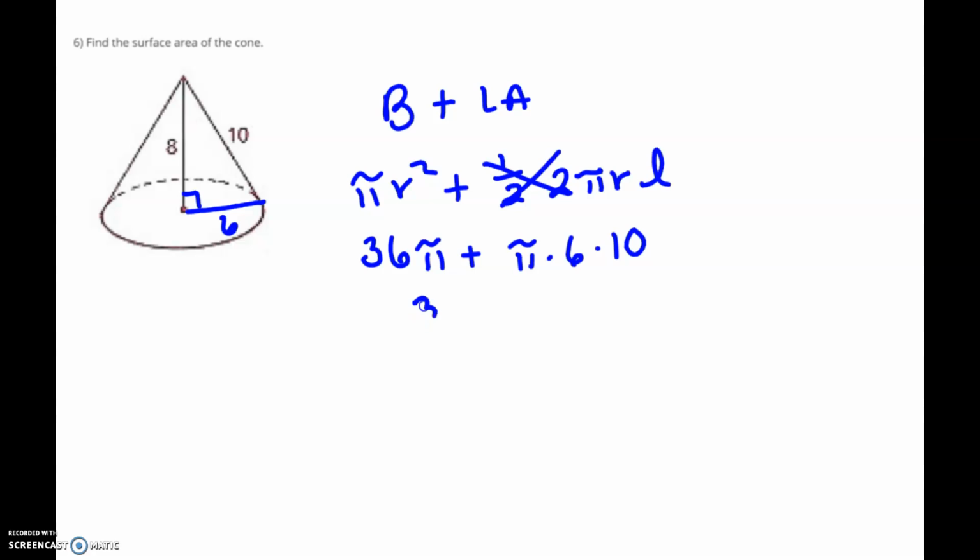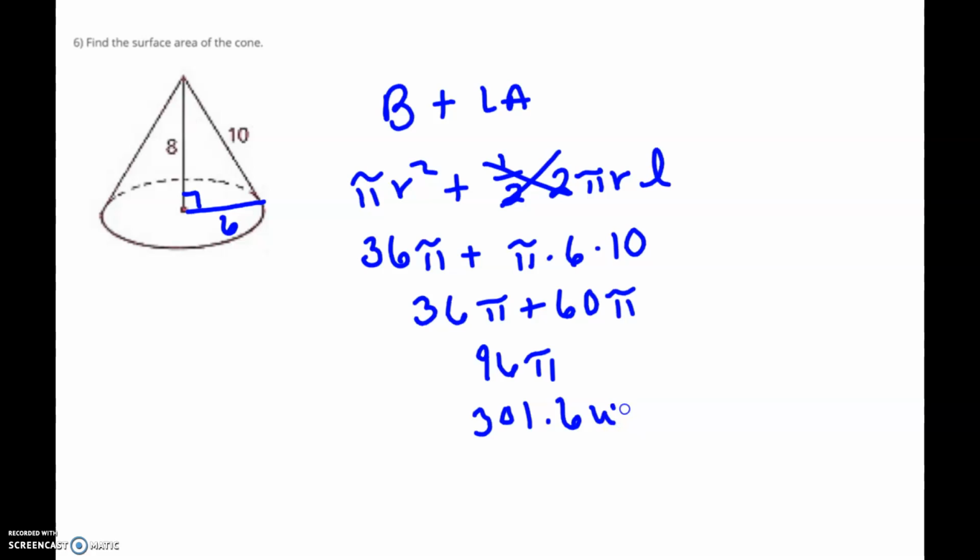So I'm basically adding 36 pi to 60 pi to give us 96 pi, which we'll have to multiply out on our calculator. And you end up with 301.6 square units.